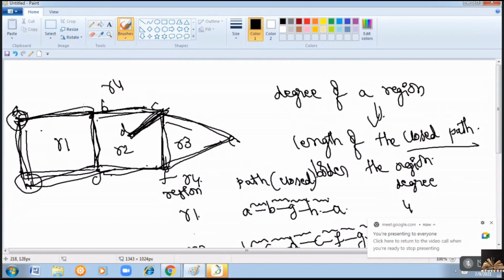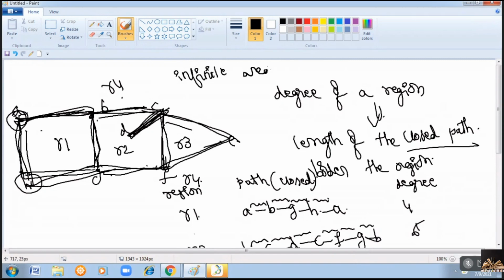This is the path, but you don't know the length of this path. That is the reason we call it an infinite area. This is the outer area, right? This inner area you can calculate, but what is the outer area?